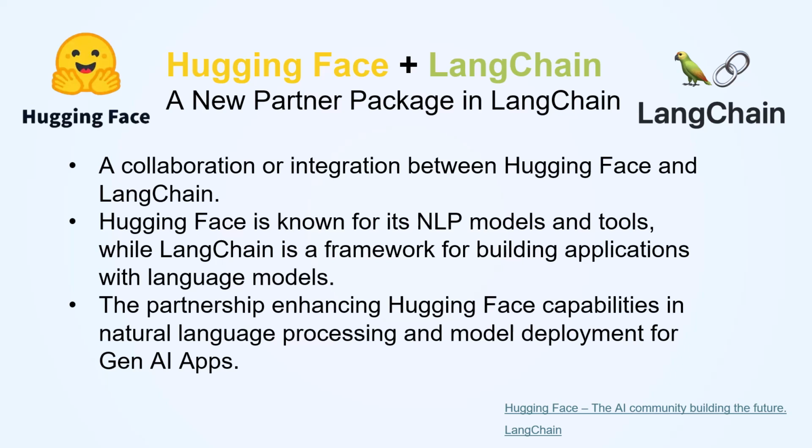Hugging Face is known for its NLP models and tools, while LangChain is a framework for building applications with language models. The partnership enhances Hugging Face's capabilities in natural language processing and model deployment for generative AI applications.